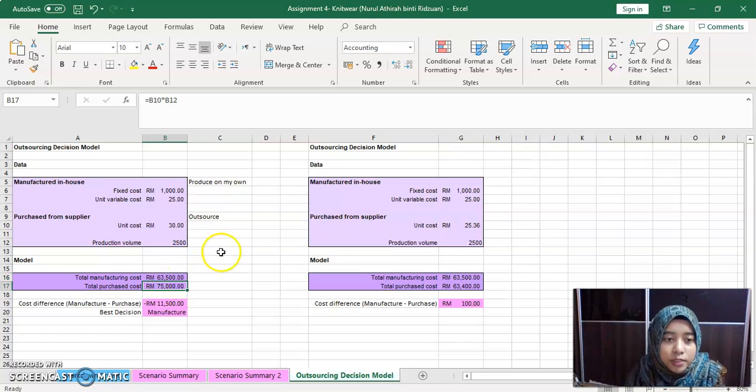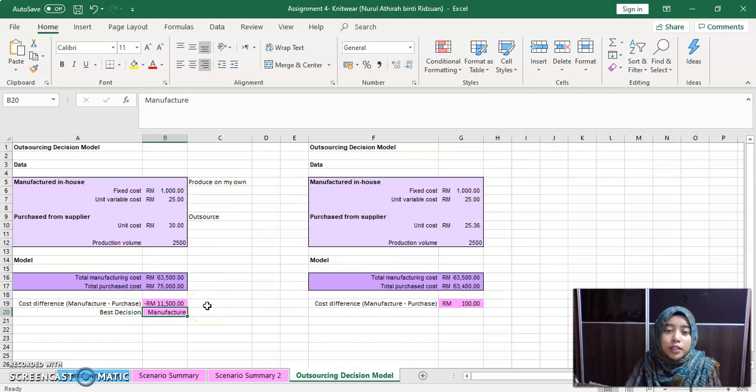For the purchase from supplier, it is unit cost multiplied by production volume. I get 75,000. So how do I know which is better? I make a cost difference: manufacturing cost subtracted by the purchase cost, and I get negative 11,500 ringgit. When I get a negative, it means my best decision is to manufacture.